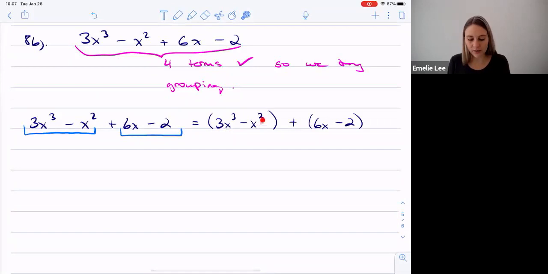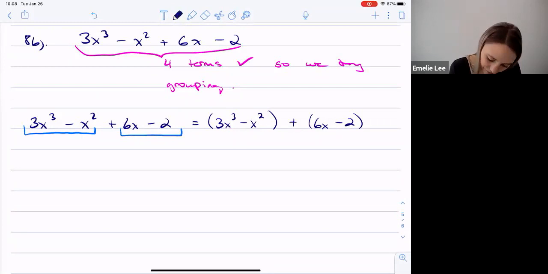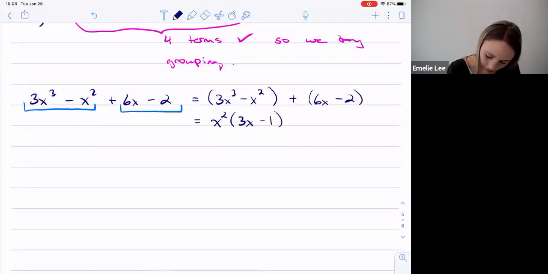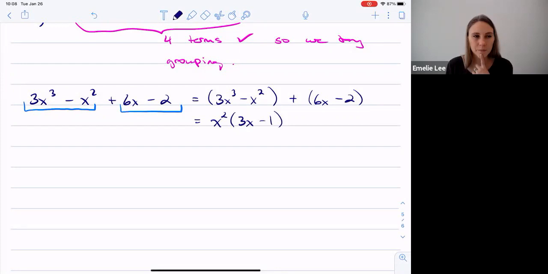Now I'm going to focus inside each of the brackets to see what I can extract. In this case, I can extract a common x squared, my lowest power of x. So what I get here is x to the power of 2 times 3x minus 1. Now these brackets are doing something, because they're being multiplied by x squared.